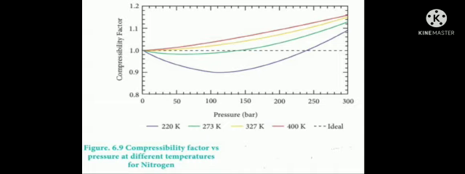The green line indicates 273 Kelvin. The yellow line indicates 327 Kelvin. Finally, the red line indicates 400 Kelvin. Hence, we completed the plot of compressibility factor versus pressure at different temperatures for nitrogen gas.